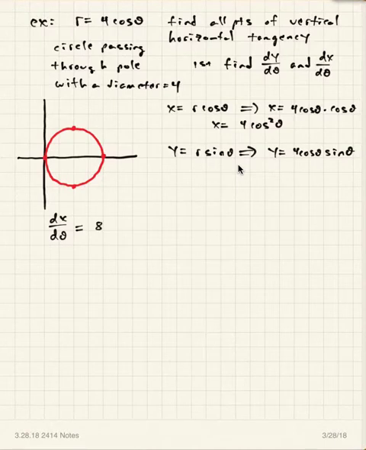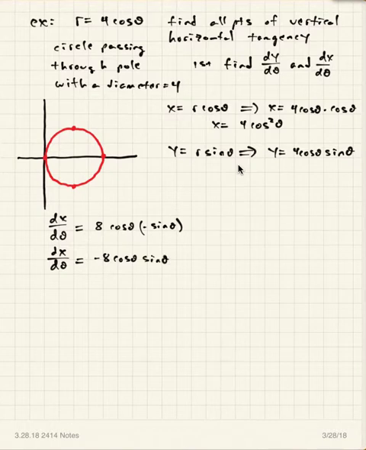And so you'd have 8 cosine theta times, that's the derivative of the outside function, the square function, times the derivative of the inside function, which would be negative sine theta. So dx d theta would be equal to negative 8 cosine theta sine theta.